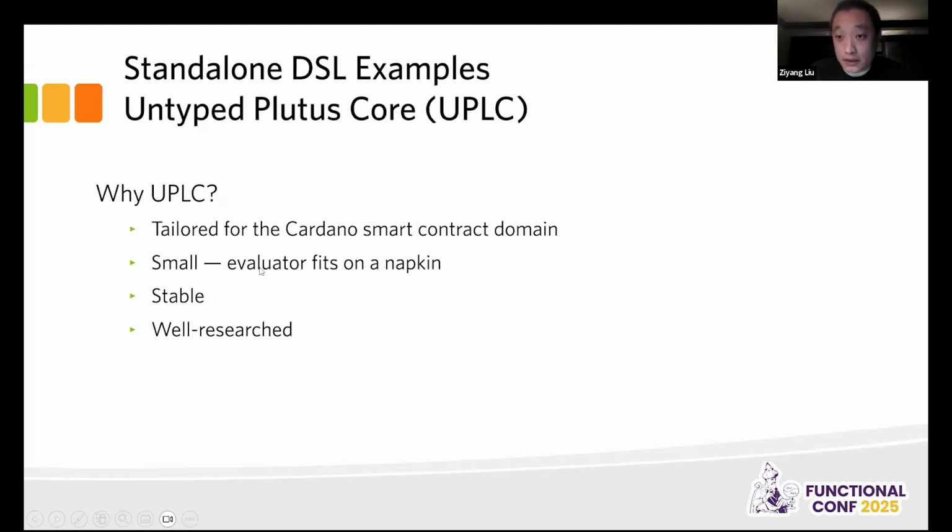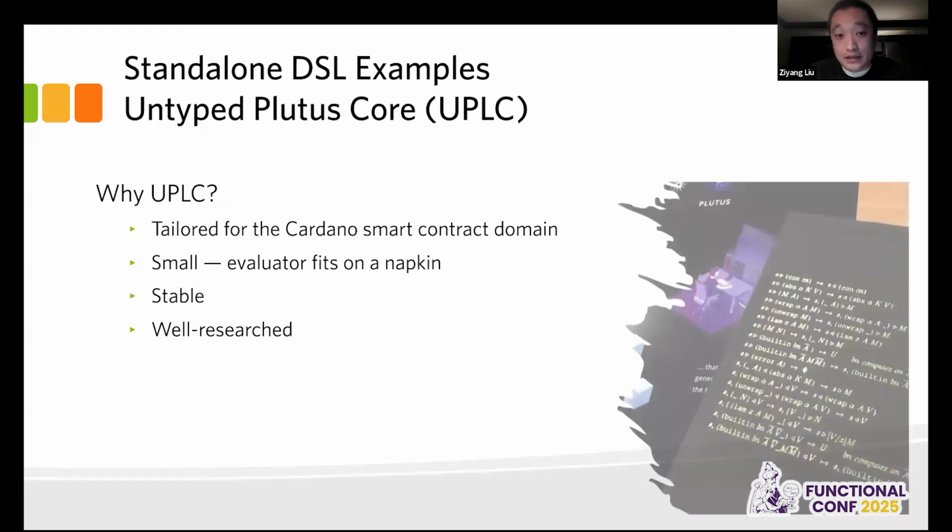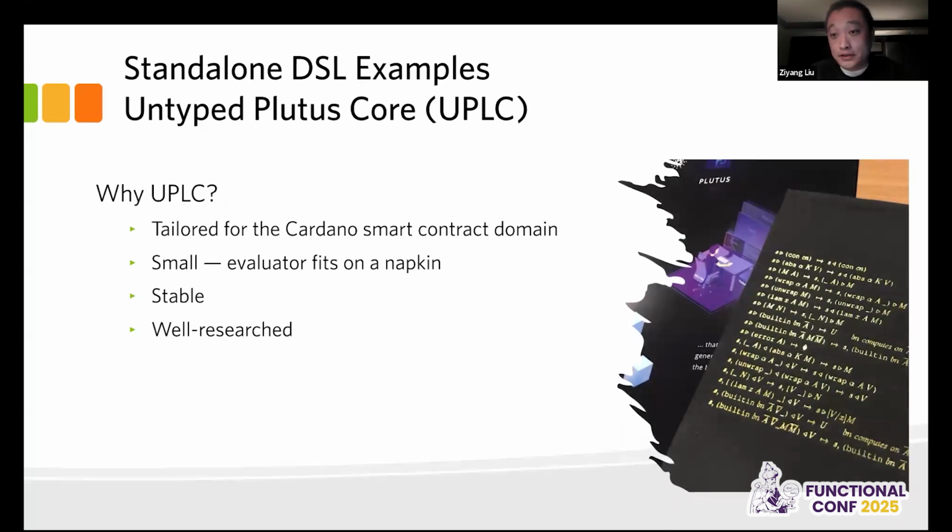And it's also very small. It's such a small language that the evaluator of the language fits on a napkin. And this is not hypothetical. This is literally the case. This is a picture of a real napkin that we made. What we printed on the napkin is the specification of the evaluator of UPLC, which is called the CEK machine.